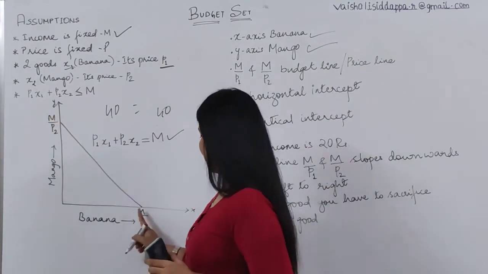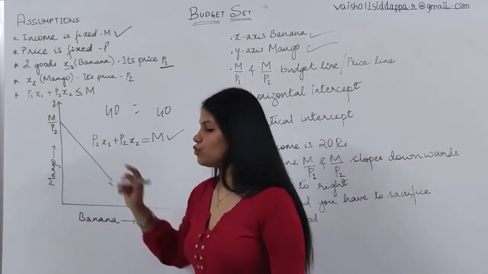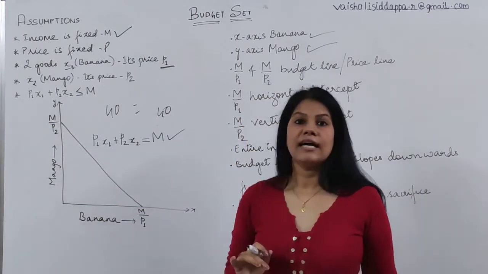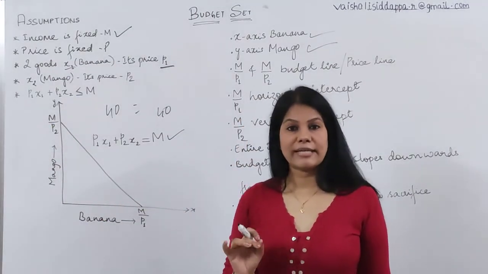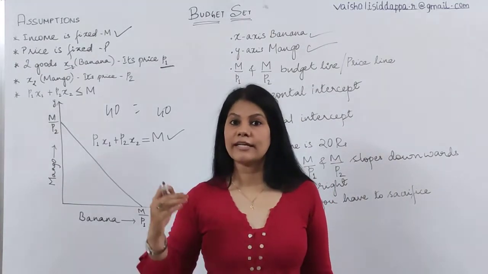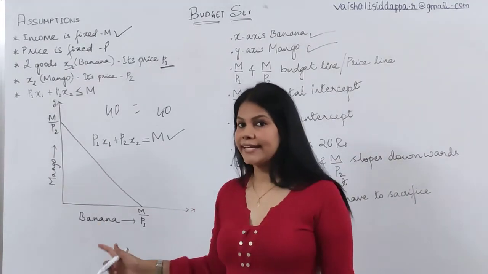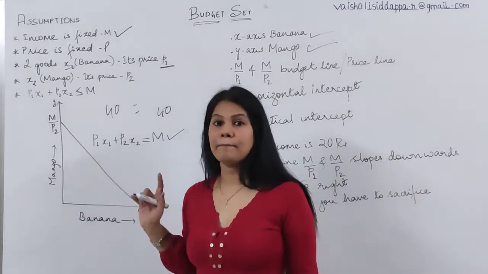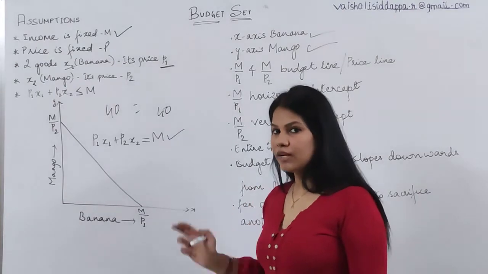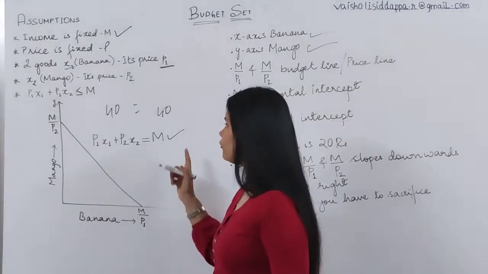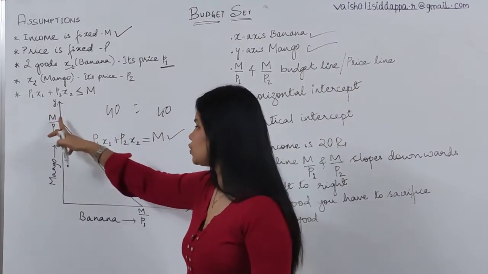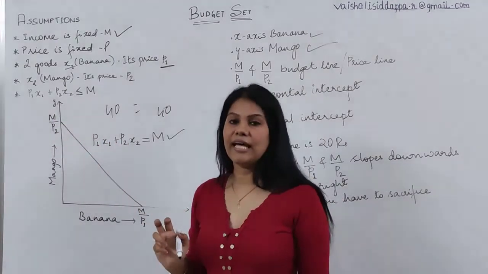So M by P1 and M by P2, this line shows the budget line: how much budget I have, and how much money I am spending on each of these goods, banana or mango. That is expressed with the help of M by P1 and M by P2. So this will be called the budget line.